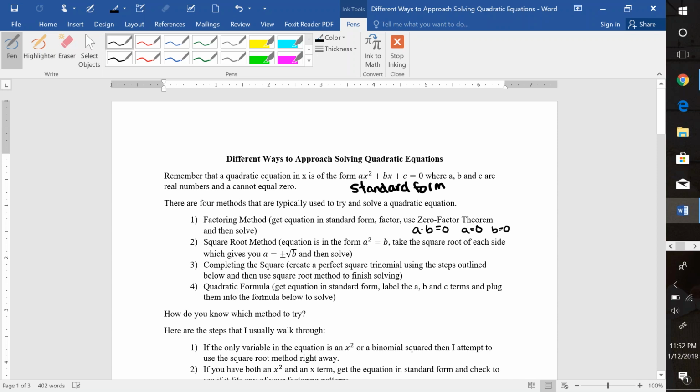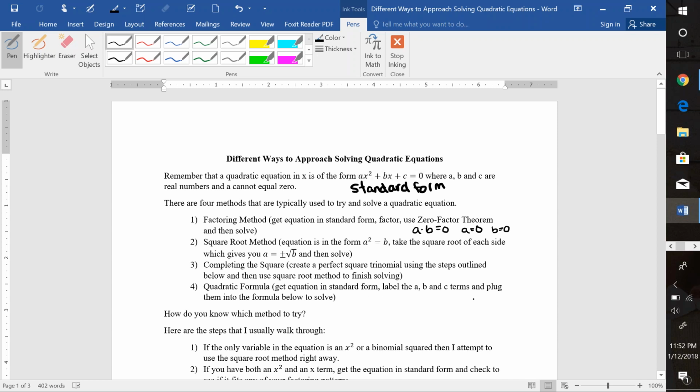The quadratic formula came about when they looked at completing the square with a, b, and c as the actual pieces instead of using numbers. And the pattern that you get when you solve completing the square using those variables in place of numbers became the quadratic formula. So the way you use the quadratic formula, since it's really just something you plug into, is your equation has to be in standard form first, which means equal to 0.